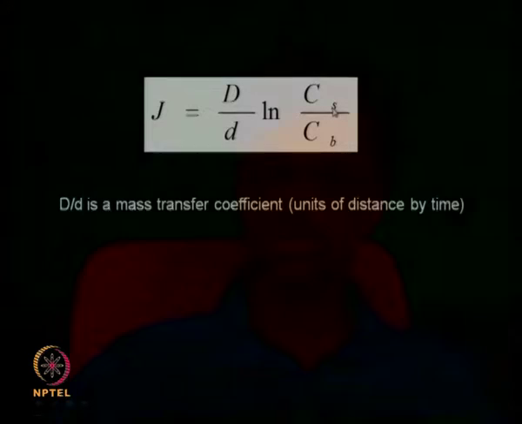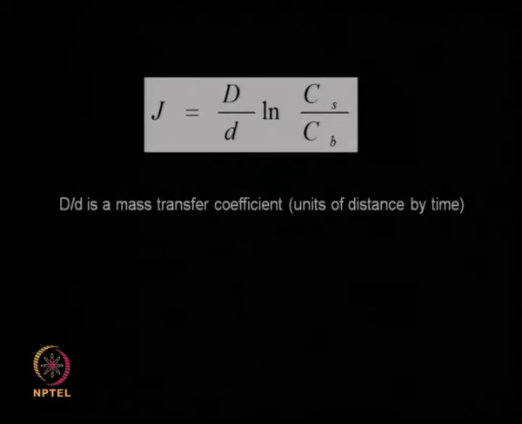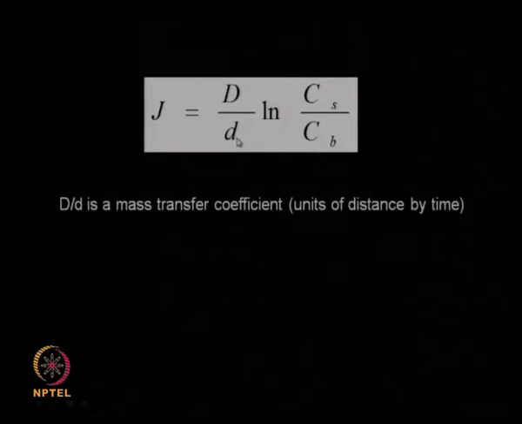Cs is the concentration of the solute on the upstream near the surface of the membrane because of the concentration polarization, and Cb is the concentration in the bulk. Cs will be larger than Cb. Now D is the diffusion coefficient, and delta is the thickness of your boundary layer.